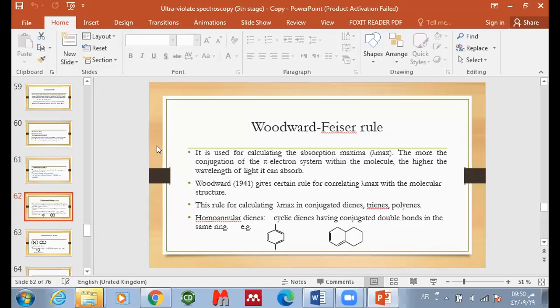He found homonuclear dienes, as in this one, when the conjugated double bonds are in the same ring. So homonuclear means the same ring. The conjugation happens in the same ring, as shown in this figure.